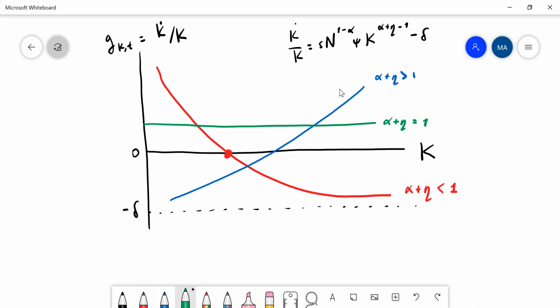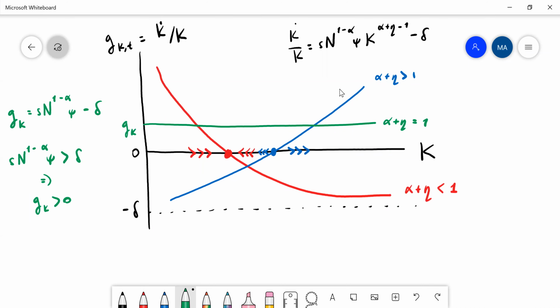Now, in the red case, the equilibrium is of course stable. We know that from Solow model, right? In the case of blue equilibrium, the equilibrium is unstable, right? Because it is positively sloped. And in the green case, depending on this level, I have what? I have G of K always constant, right? And it is equal to s n 1 minus alpha C minus delta, right? So if s n 1 minus alpha C is greater than delta, then G of K is positive, right? So that would be, let's denote it by G of K bar, okay?